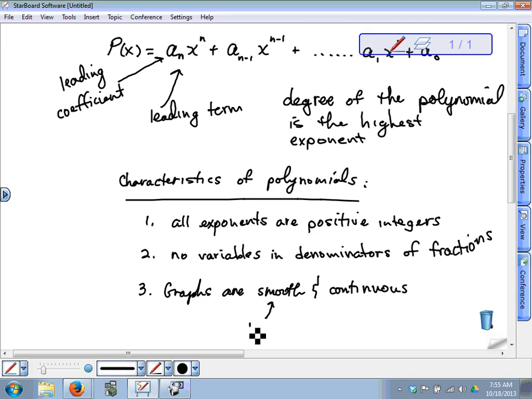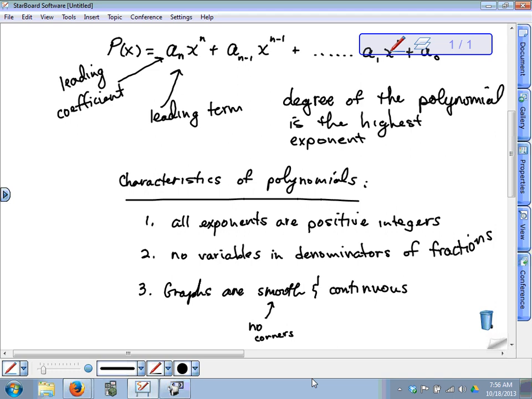The characteristic smooth means no corners. We've seen a graph that has a corner. What is it? What am I thinking of? Absolute value. That graph comes down to a point. That's not considered a polynomial function because its graph is not smooth.